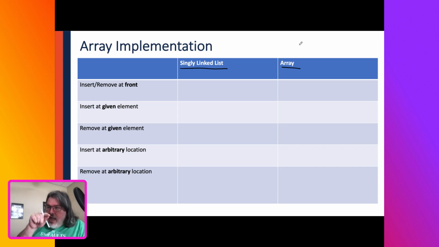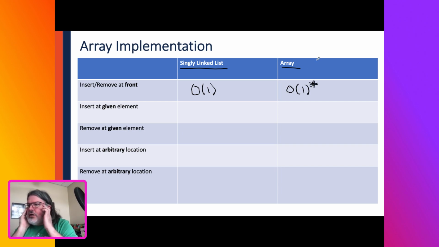It was head, temp equals new node, temp equals head, head equals temp. We're done, right? Order 1. There was a fixed set of instructions. Insert or remove at front with the array. Again, let's see. We just showed that memory allocation we can deal with. So we get, again, O(1), but we have a star here, right? And the star here is that we're amortized.